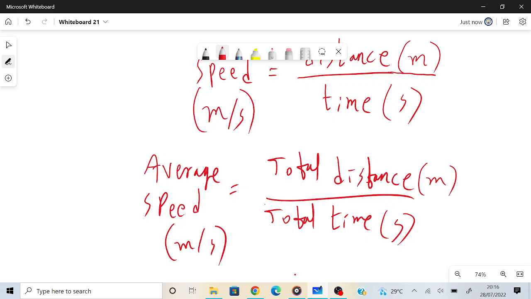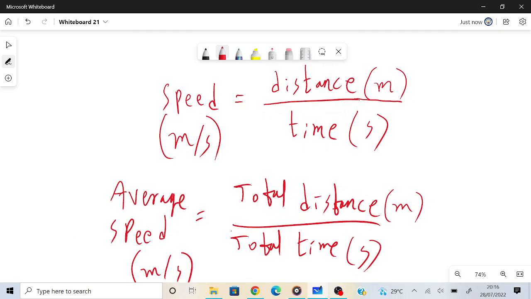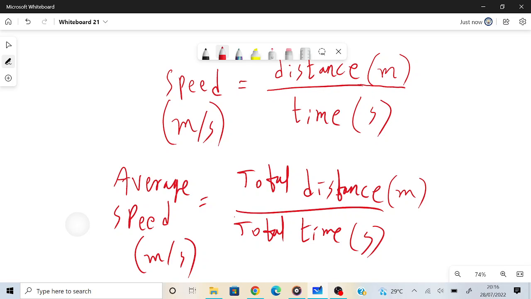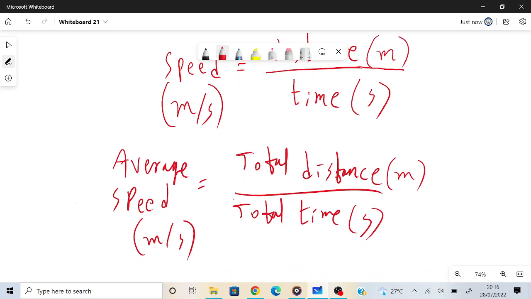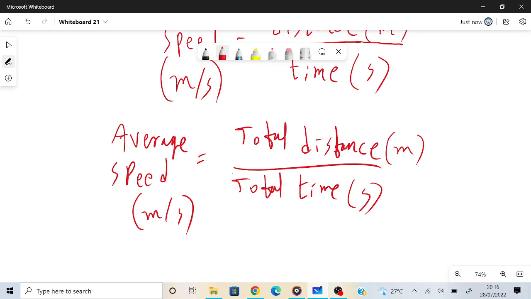So now you may be wondering what exactly is the difference between the two. The first formula, that is speed is distance over time, is mainly used for one-dimensional speed, distance, time questions. Average speed is when it's more than one-dimensional, meaning it's a course of events. For example, I walk 10 meters for 10 seconds, and then I ride a bicycle for 2 hours and cover 3 kilometers.